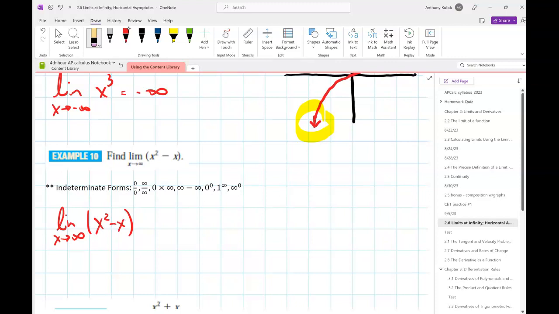So it has to be a different way for me to do this. Table or graph it? Well, I can actually do this algebraically, believe it or not. I would just factor an x out.